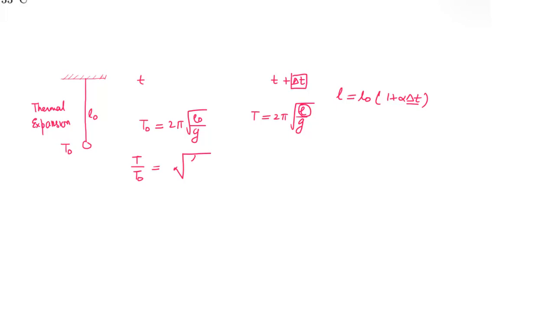we get L by L naught, and we have L naught times 1 plus alpha delta T by L naught.